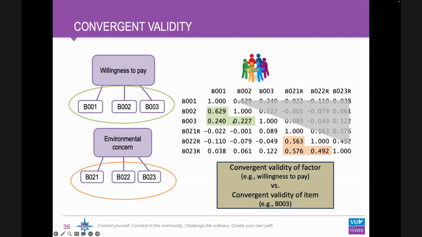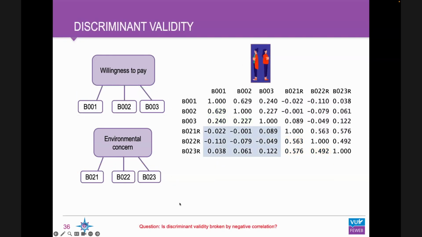Then we see that this correlation is actually not very high, and we can say that the convergent validity for item 3 is low. Any questions at this point? I will have an example related to this soon.